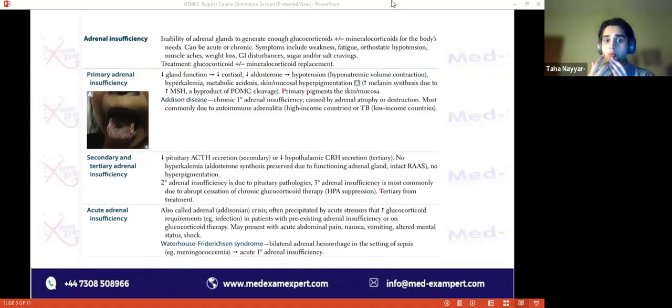Now, why does this happen? Normally, there is an enzyme called, if I'm not wrong, 11 beta hydroxysteroid dehydrogenase. I think that's the name of that enzyme. Normally, aldosterone receptors have this enzyme, which inactivates the cortisol, and because of that, cortisol does not bind with the aldosterone receptor.